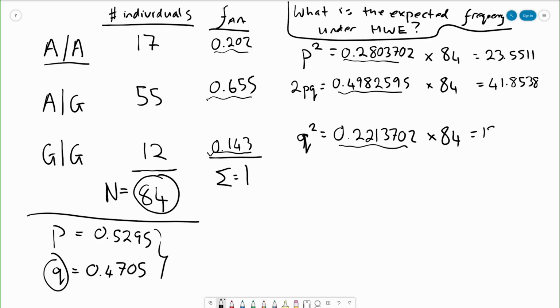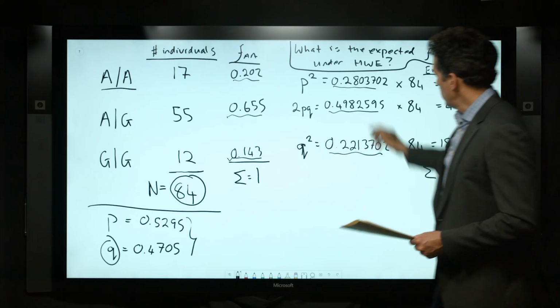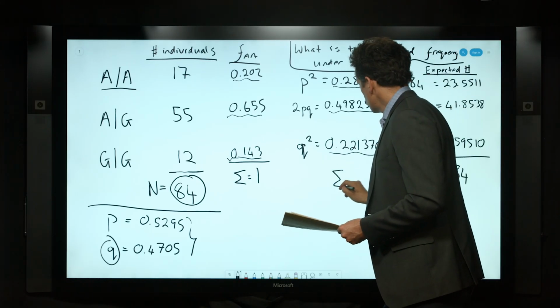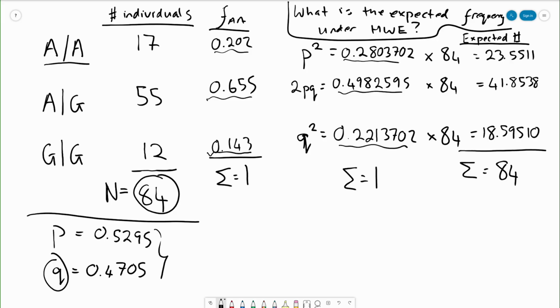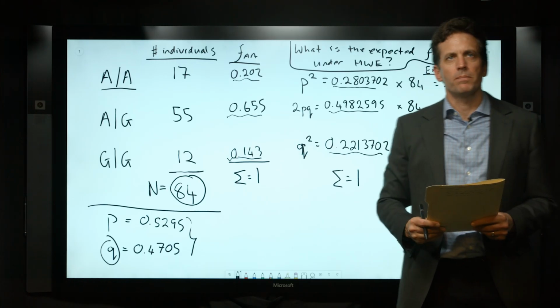This is equal to 18.59510 individuals. And if we sum up the total of the expected number of individuals, that of course is going to be equal to 84. And we could do this check as well here and make sure that these genotype frequencies add up to 1.